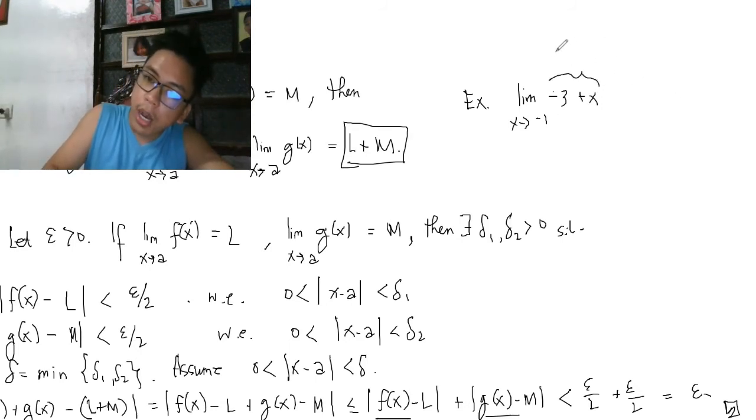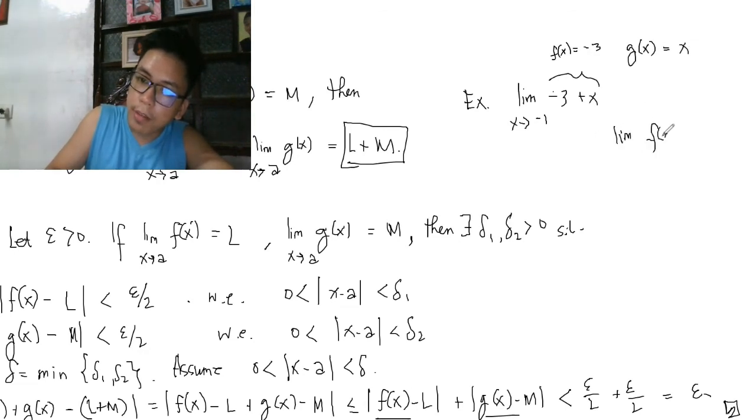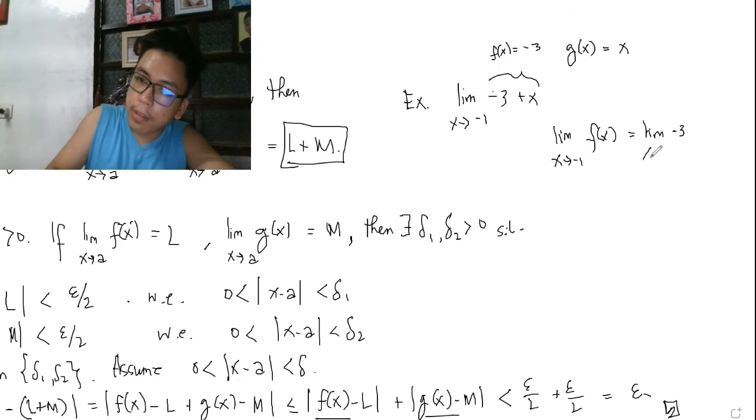I'd have my f of x here is negative 3. My g of x here is x. Now, what's the limit of f of x as x approaches negative 1? This is the limit of negative 3 as x approaches negative 1. This is the limit of a constant that we have shown already. And this is technically the same as negative 3.